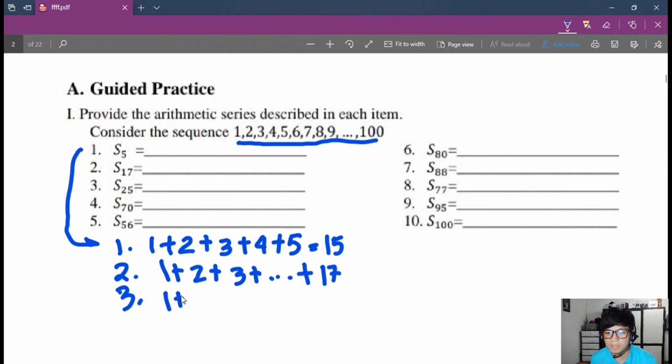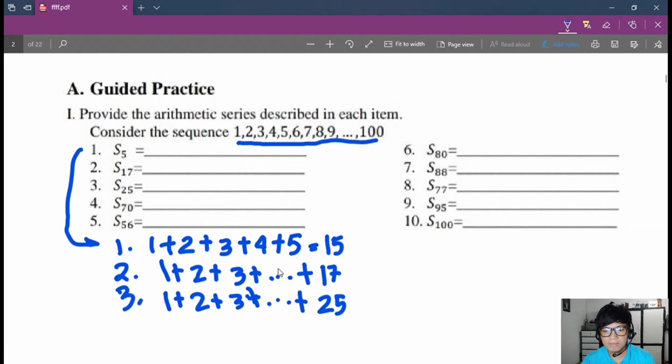So, 1 plus 2 plus 3 plus dot up to 25. So, ganyan mag-present ng arithmetic series. So, yung from comma, which separate the terms from each other, nagiging plus sign na dito.